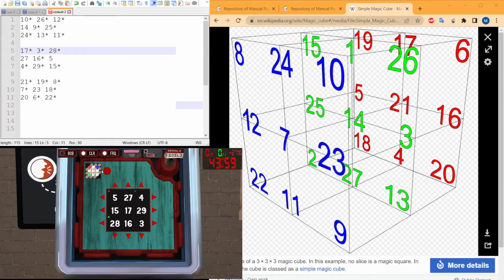Let's go to the middle square. So the top left should be 17, top right should be 28, bottom left is 4, and bottom right is 15.